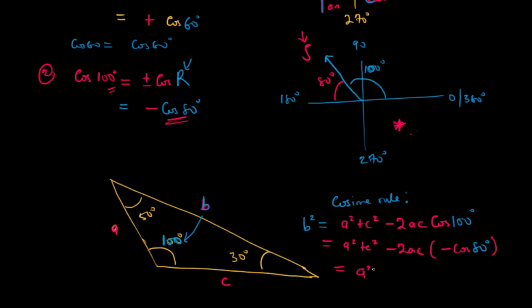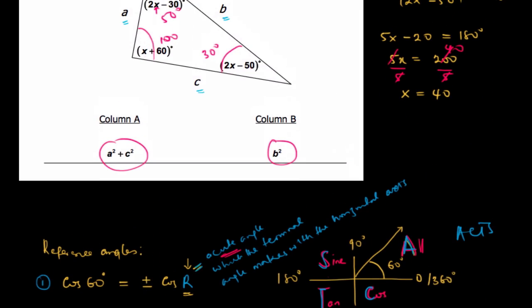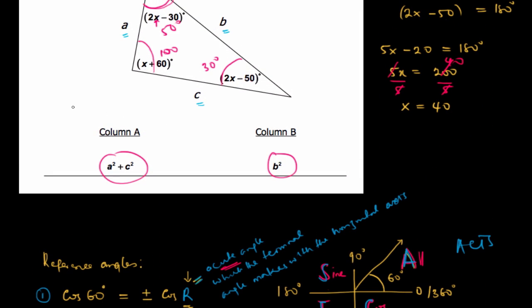So this is going to be a squared plus c squared plus 2ac cosine of 80 degrees. So I'm going to write this up. What we obtain below is b squared equal to a squared plus c squared plus 2ac cosine of 80 degrees. This was exactly what we obtained.